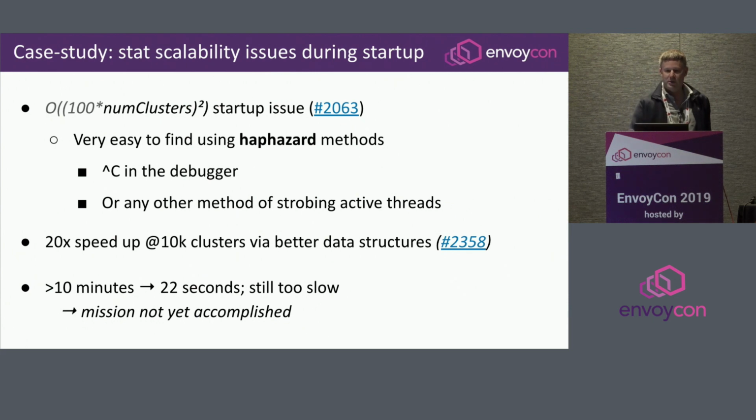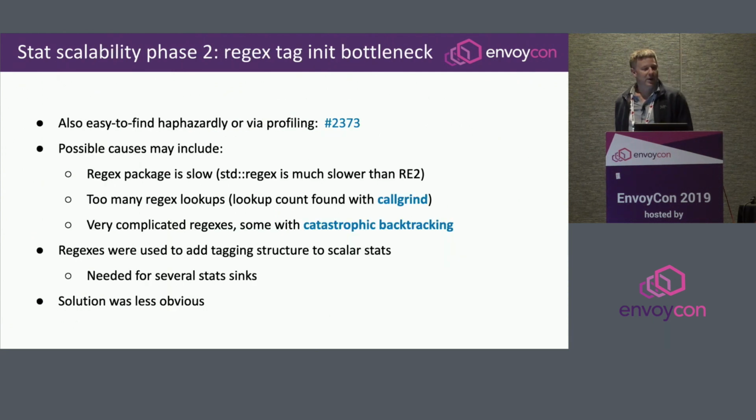Solving it took some time, but was relatively straightforward and got us a 20x speed up, bringing the startup time from over 10 minutes to 22 seconds. But it wasn't very satisfying to have to take 22 seconds just to start up a proxy with 10,000 clusters. So we moved forward.